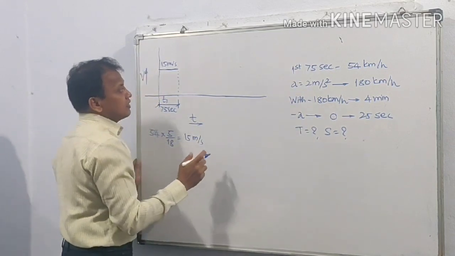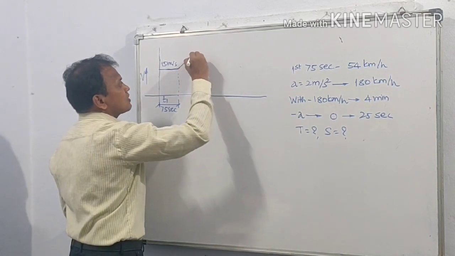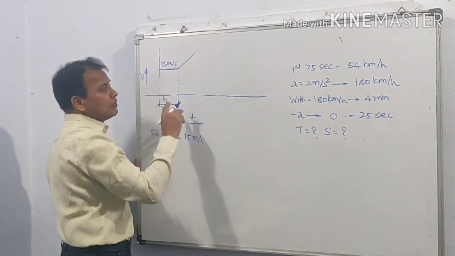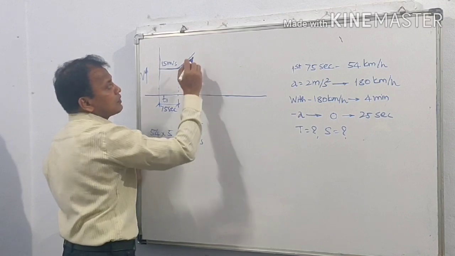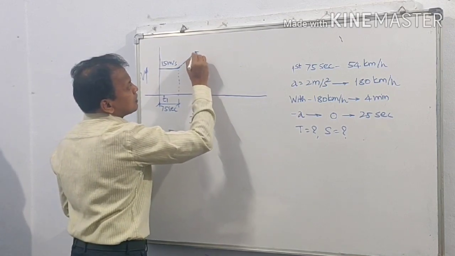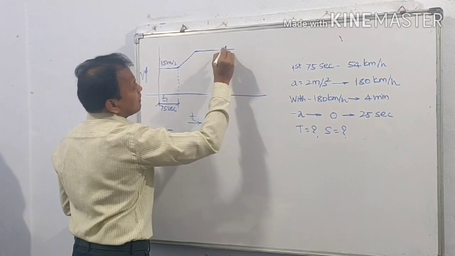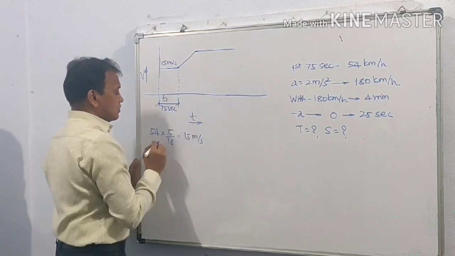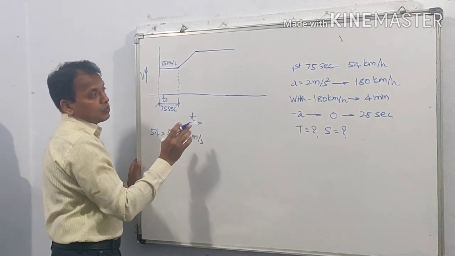Then it is accelerated with rate 2 meter per second square. So it is accelerated means the velocity will go on increasing with time, and when it attains velocity of 180 km per hour, that velocity was kept uniform, constant.